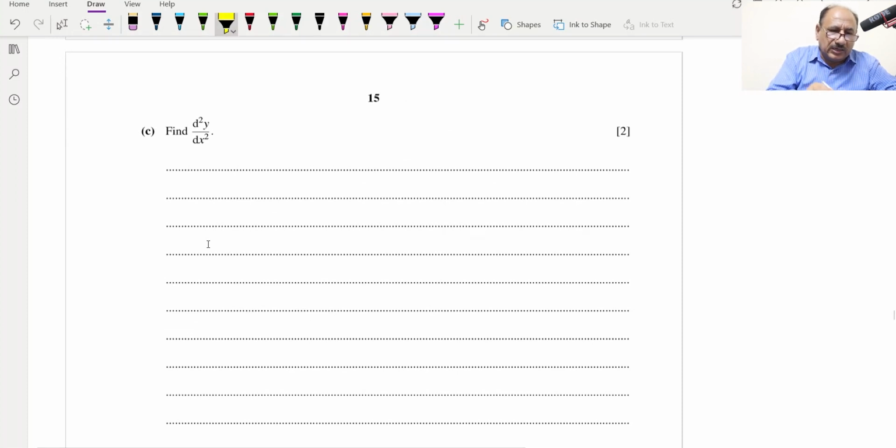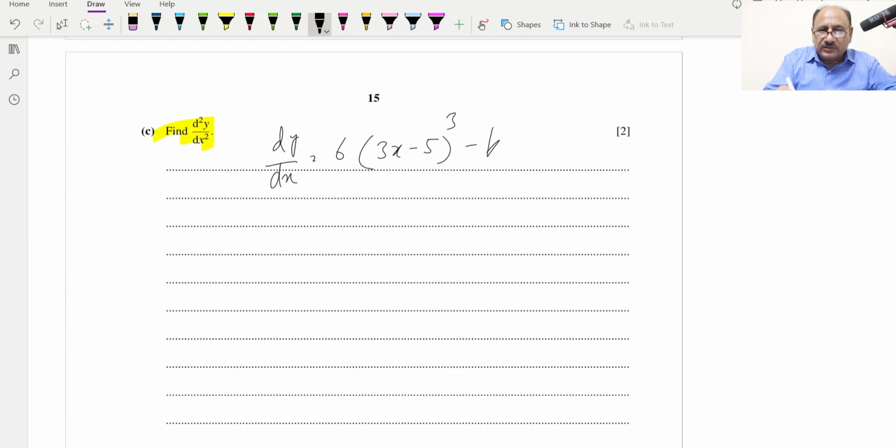We have to find the second order derivative, and to find it we can write dy by dx is equal to 6 into 3x minus 5 cubed minus kx squared. This is basically the first order derivative.